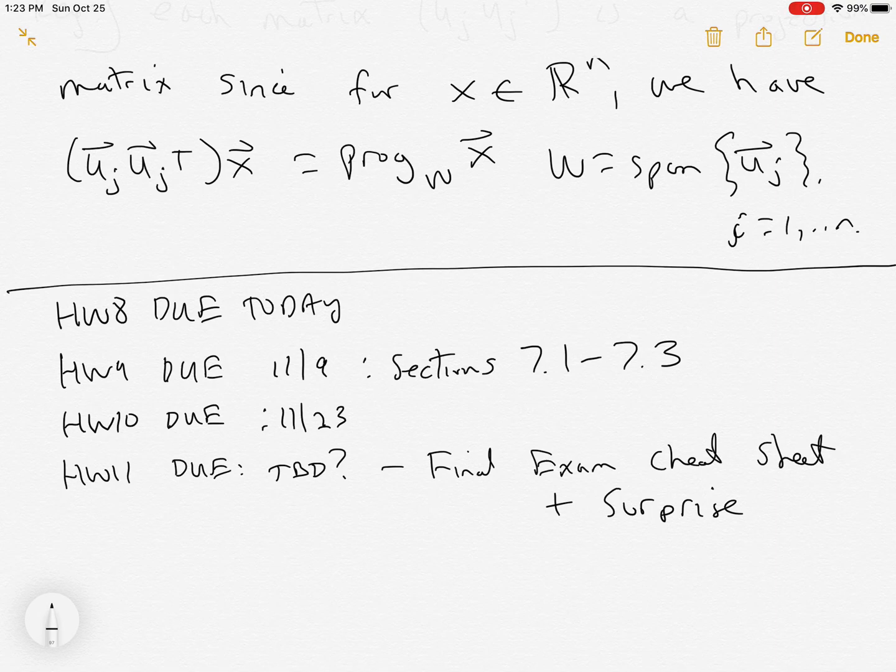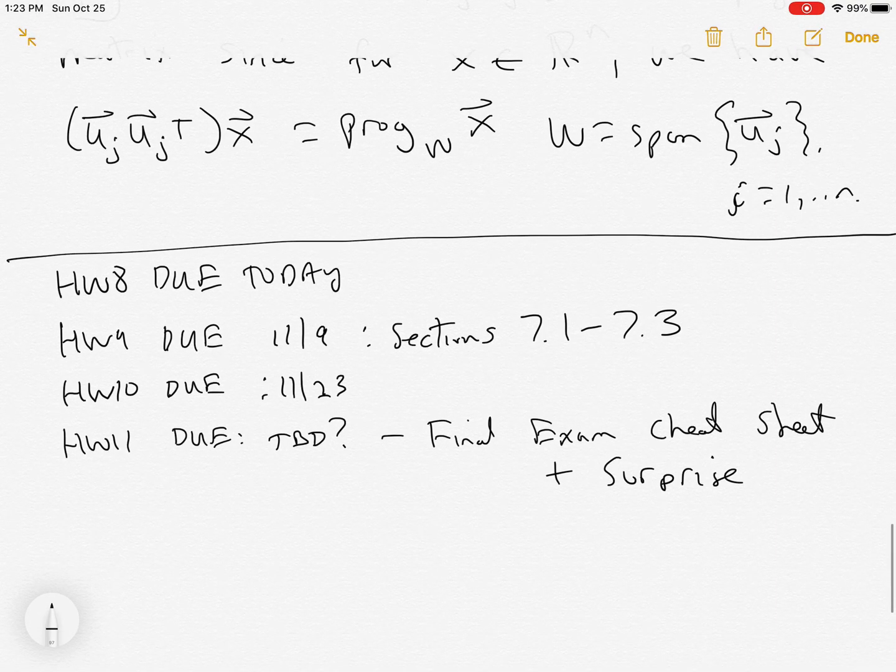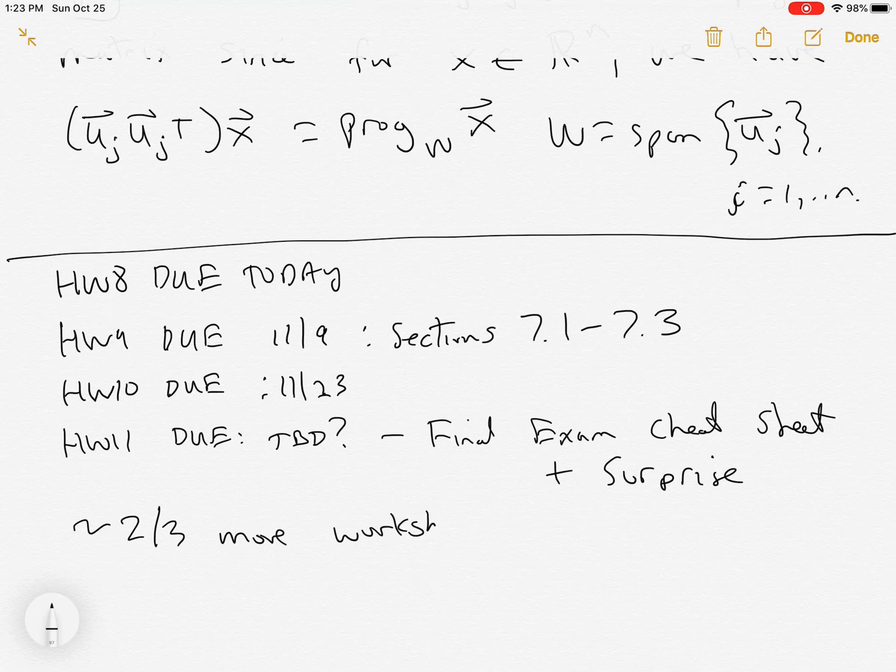Okay. And there might be a couple more, approximately 2 or 3 more workshops just to get some more grades in the book. All the workshops will come in as problem sets, and then the final will be on the 10th.